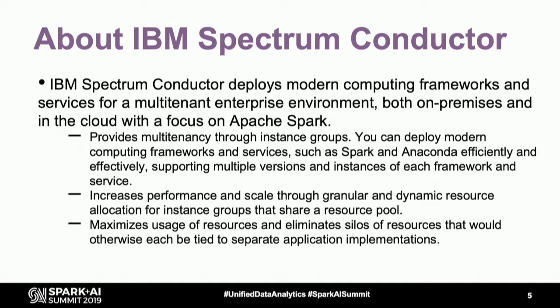So as we were doing that, we decided to introduce a concept called Spark instance groups, or just instance groups, to provide multi-tenancy. With those, we would deploy your modern computing frameworks, like Spark, Anaconda, and any services with it, efficiently, effectively, and supporting multiple versions.